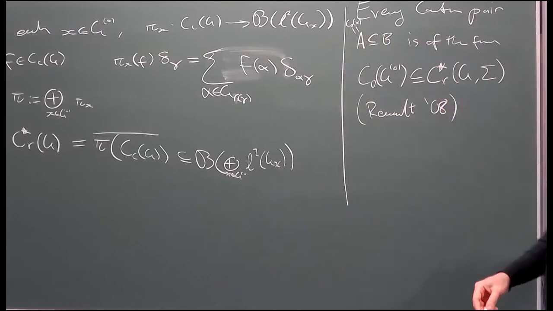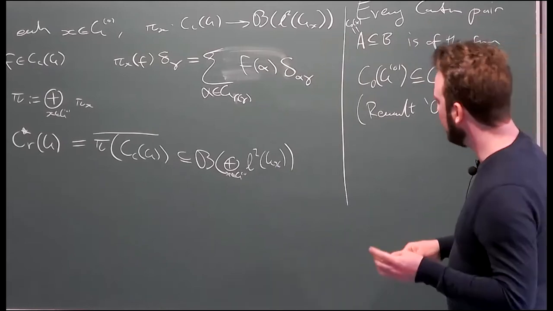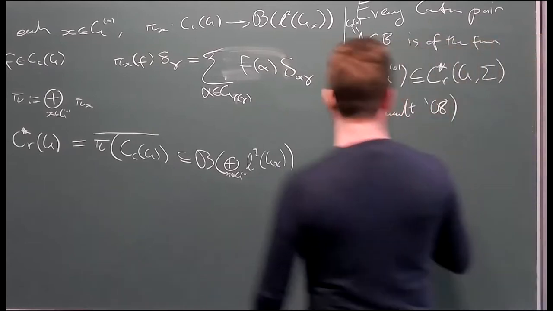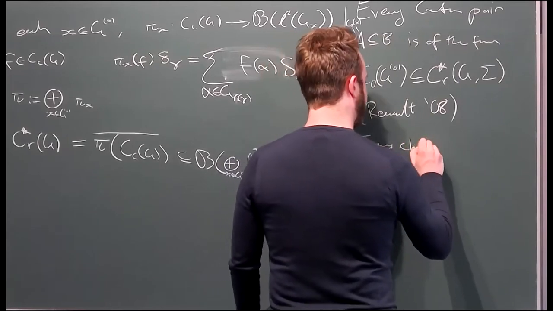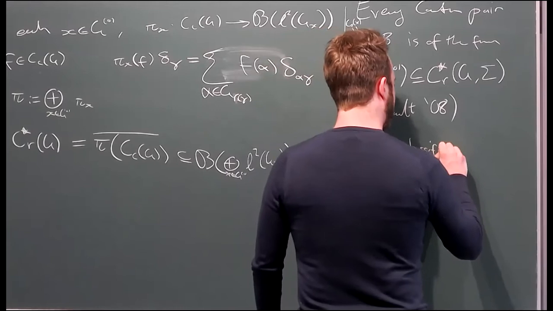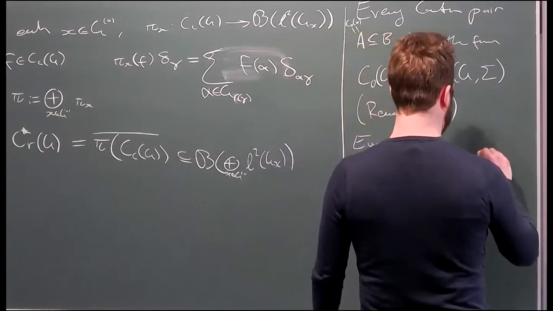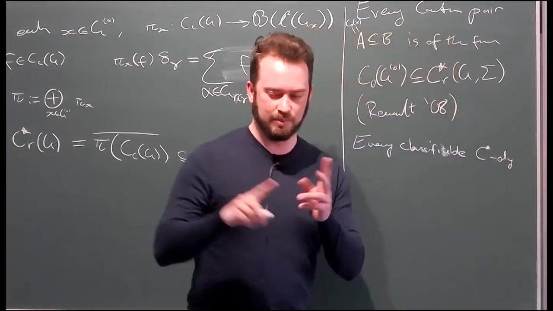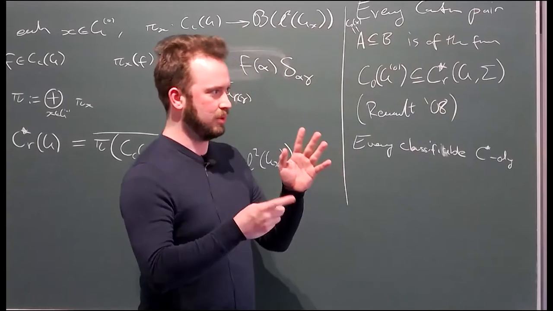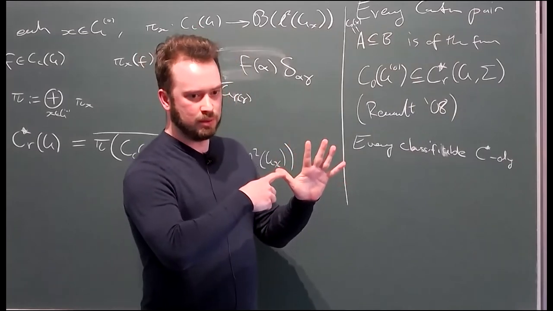Another paper by Xin Li in 2019, I think, says that every classifiable C star algebra, so if you know the list of adjectives associated with that, these are separable, simple, nuclear, Z-stable, satisfying the UCT. I missed one.